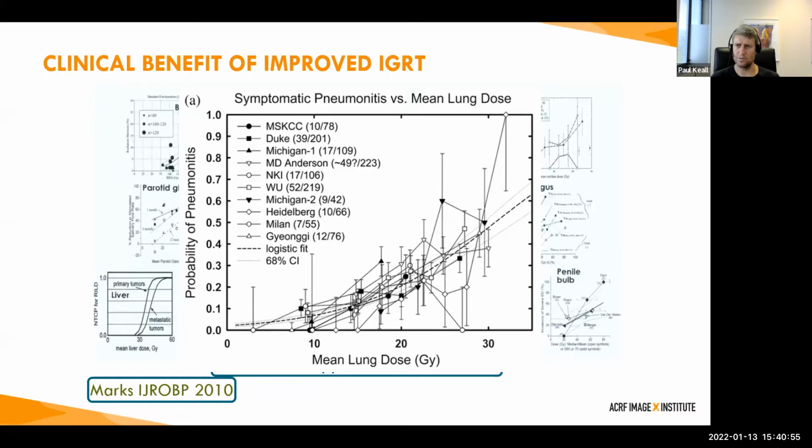If we can reduce the radiation dose to the lungs by better targeting, we can estimate how much benefit that will have for an individual patient. And given the magnitude of patients being treated, for example, in the US, about 100,000 lung cancer patients will be treated every year, even a small improvement to the technology can result in a large number of quality of life improvements.